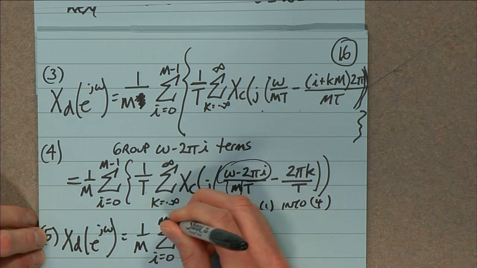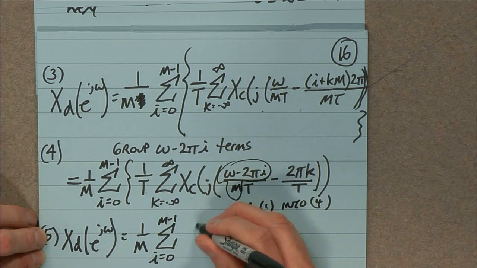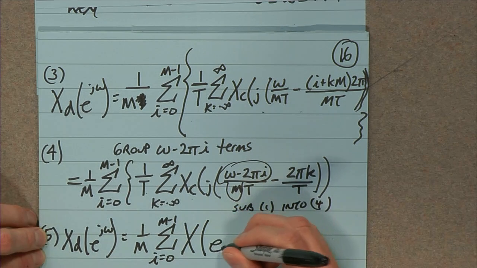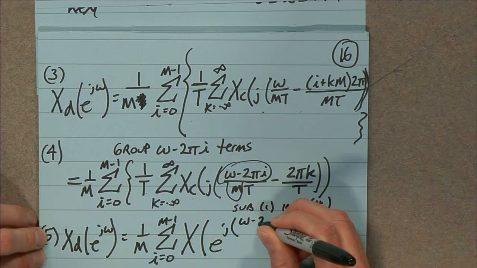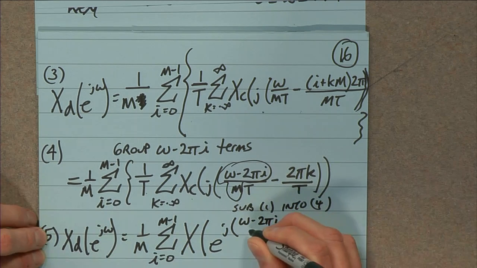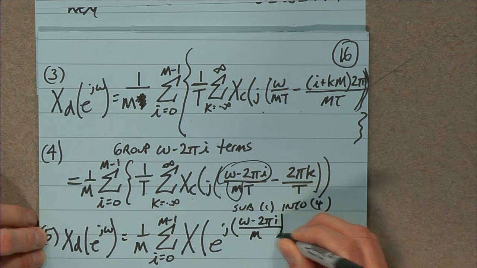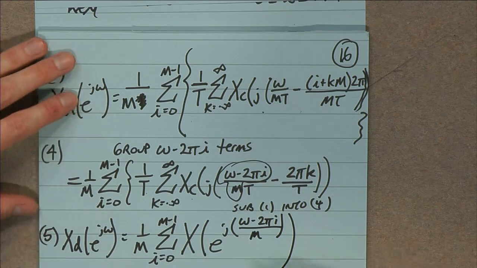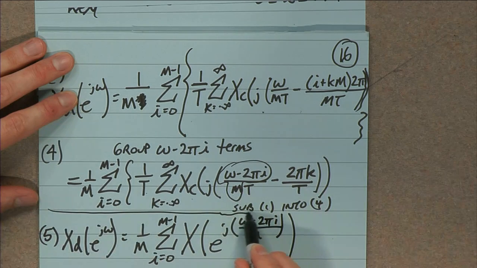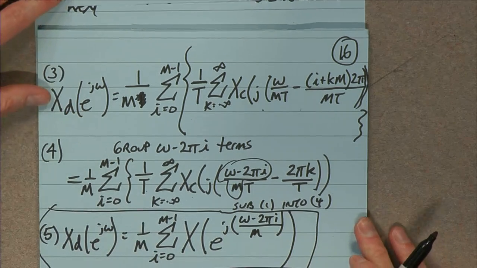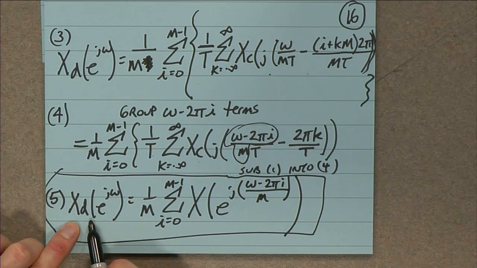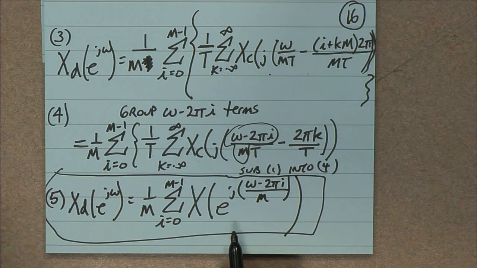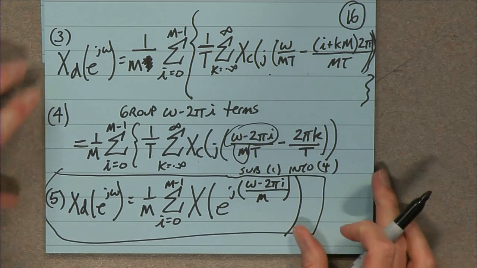Leaving us with our final expression, which is X of e to the j, and now it's a shifted version, omega minus 2 pi i over M. And that is the relationship that we were out to get. So what is the relationship between the downsampled spectrum and the original input spectrum before the downsampling?